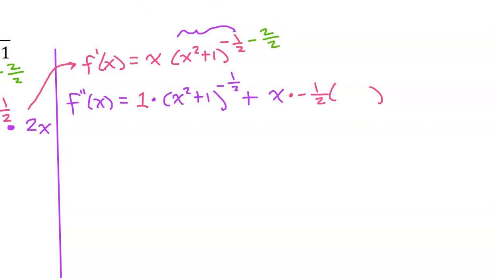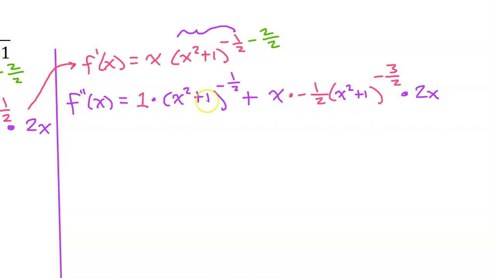So this will be the negative 3 over 2 power. But then we have this function on the inside, so I'm going to just copy that down, x squared plus 1. But the chain rule demands that we now multiply by the derivative of the inner function, which is 2x.